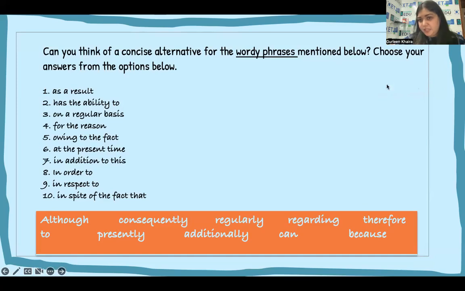Yes, Kaval, you're right. Yes, Siddesh, because is the correct answer. At the present time. Presently. Very good. Can you think of another word for presently as well? One word. Currently. Very good, Harshvardhan. Currently, yes.